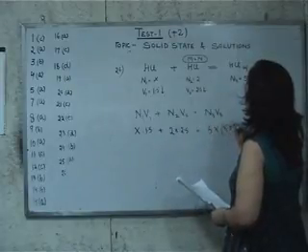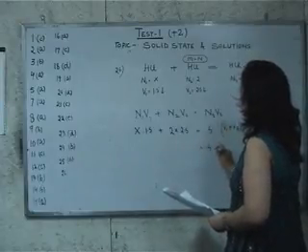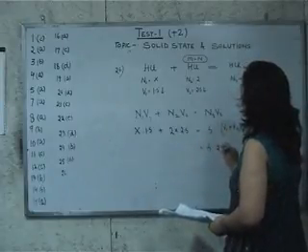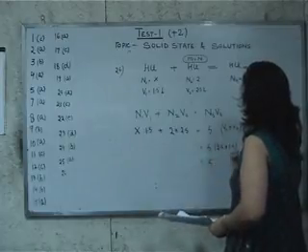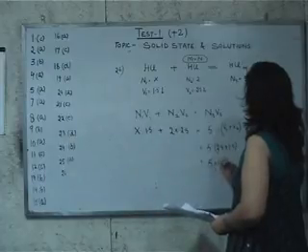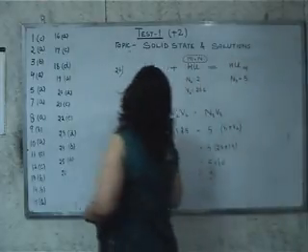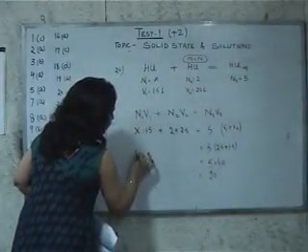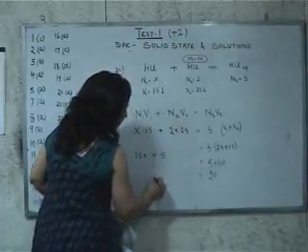V3 is V1 plus V2, which is 2.5 plus 1.5, so 5 into 4.0 is 20. Now it is 1.5x plus 5 is equal to 20.